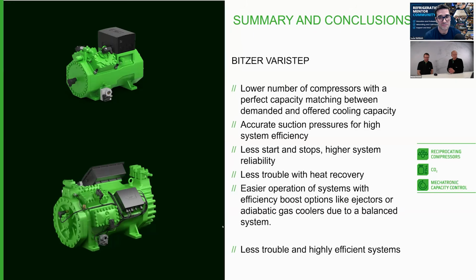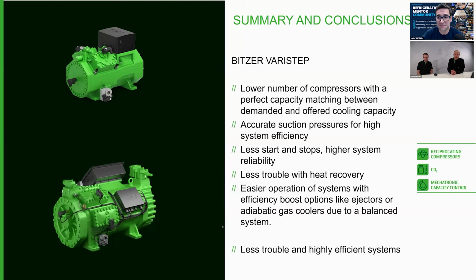To be able to talk about our Varistep, how it works, and I think we all agree how important it is to have good capacity control and to have a certain range, and also not to forget about efficiency and the amount of compressors, where sometimes on site there are restrictions, so that you need relatively large compressors, and then it's even more important to be able to unload those.